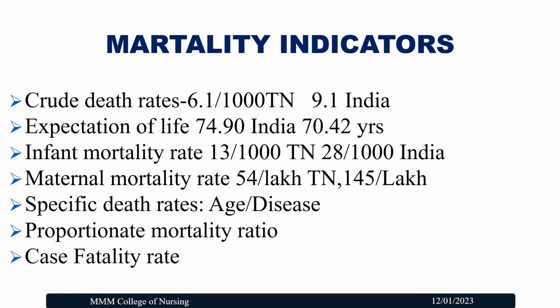The specific death rates are related to age and diseases. They will vary according to the disease condition and the age group. The proportionate mortality ratio will also vary according to the disease conditions. And the case fatality rate also depends upon the disease conditions.